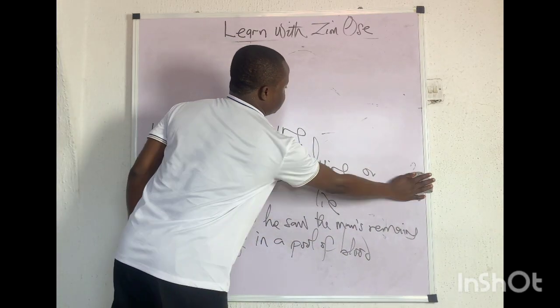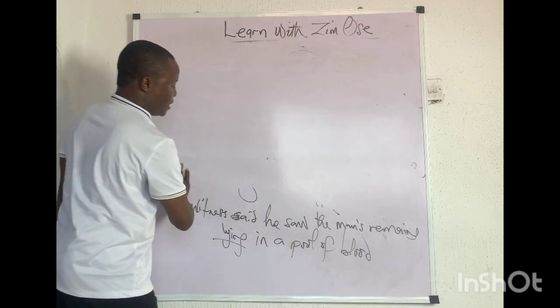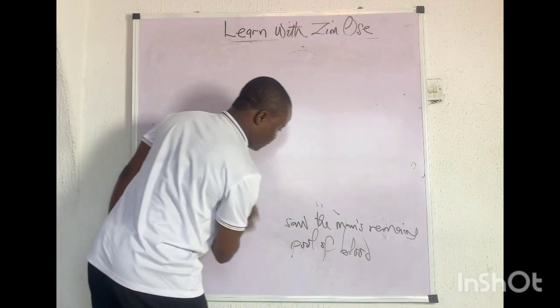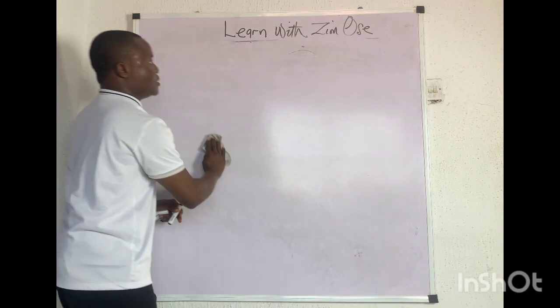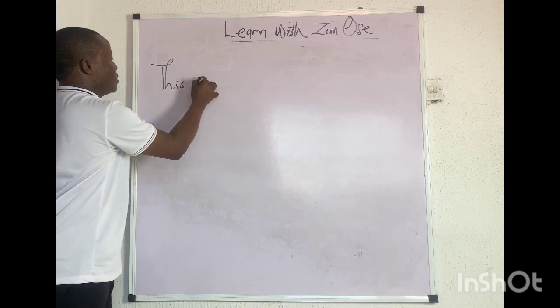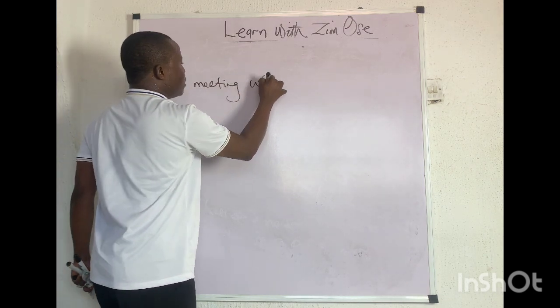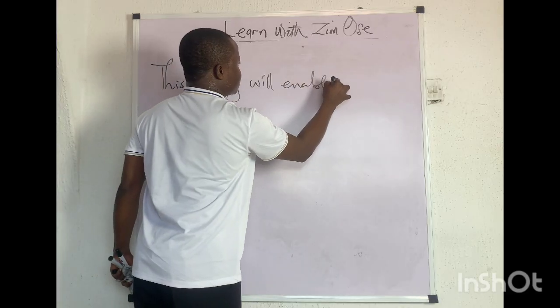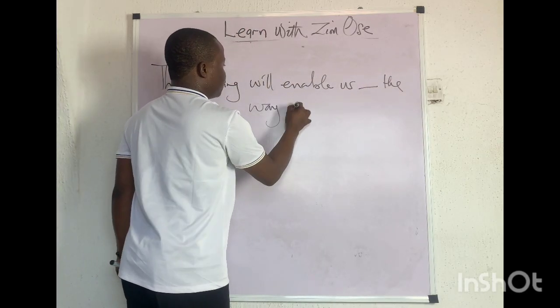Of course, remember that if the object is in a state of rest or inaction, you use the ing instead of the bare infinitive. But now, UTME can be very tricky. In 2020, the COVID year, they tested this question. They said, this meeting will enable us dash the way forward.